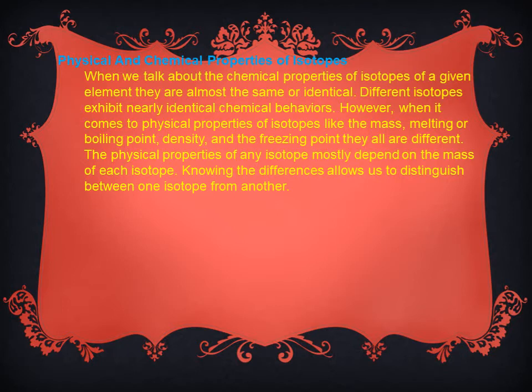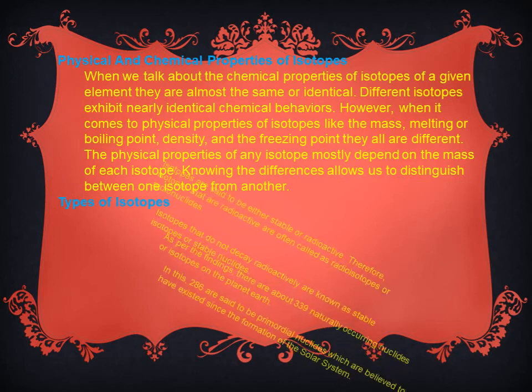However, physical properties of isotopes like the mass, melting or boiling point, density, and freezing point are all different. The physical properties of any isotope mostly depend on the mass of each isotope. Knowing the differences allows us to distinguish one isotope from another.